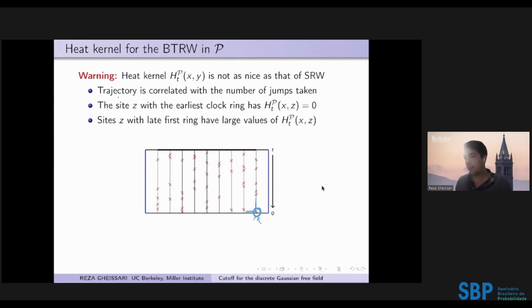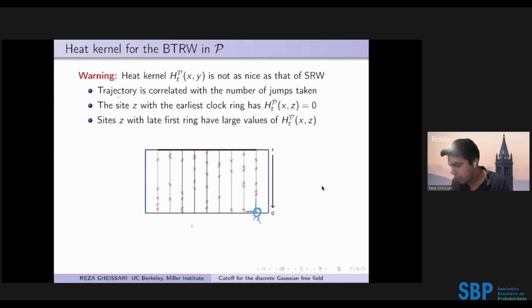Whereas the heat kernel for a simple random walk with discrete time is fairly well behaved and fairly smooth, except for boundary effects, here the clock rings can make it so that some sites you have actually 0 chance of landing at.